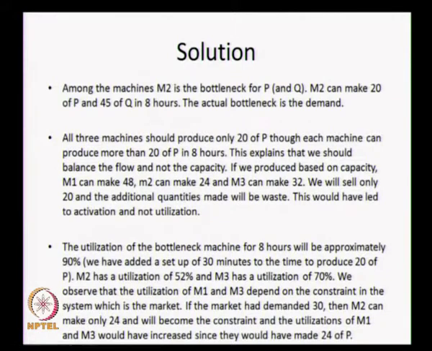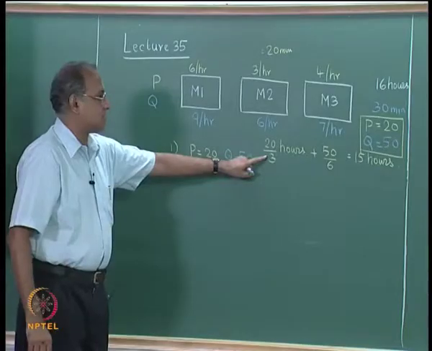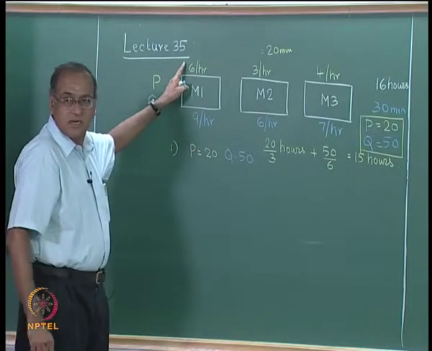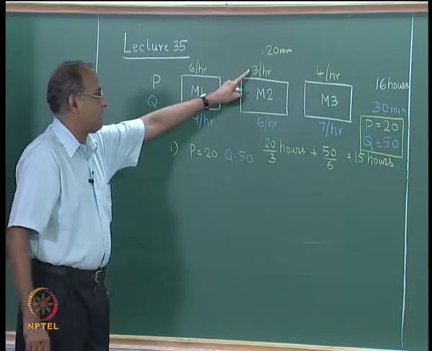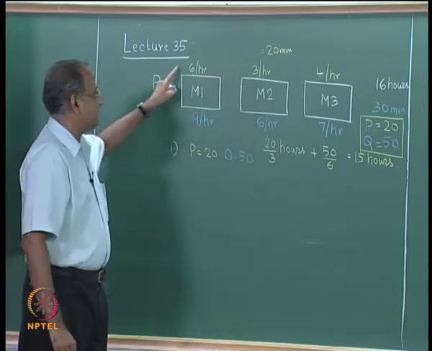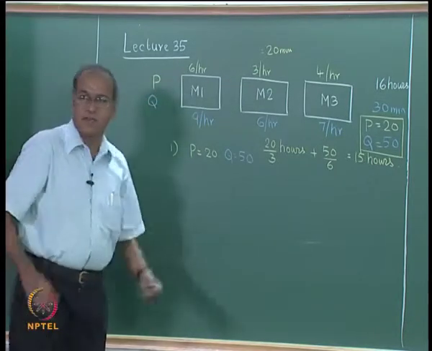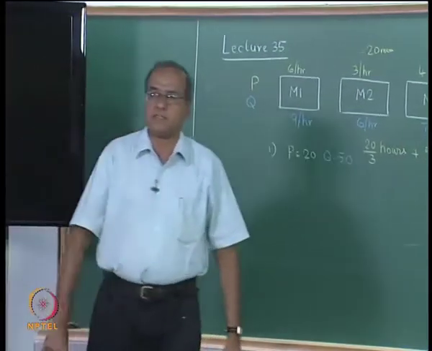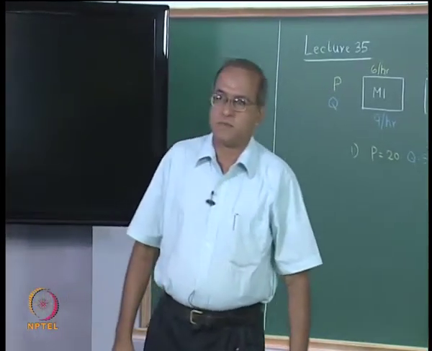So if we let M1 produce as much as it can, for example, this would take 20/3 hours. In 20/3 hours, 6.66 hours, this will produce nearly 40 items, because in the time it takes to produce 20, this will produce 40, and the extra 20 cannot be utilized, and it is only activation.